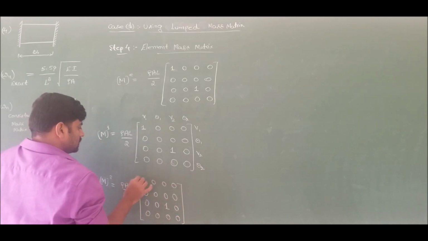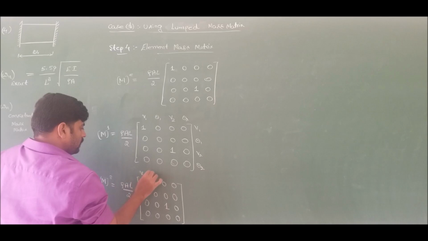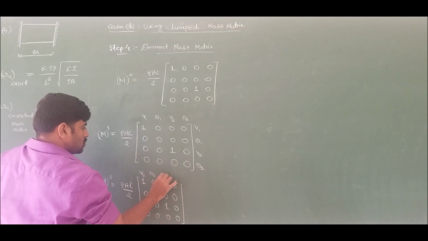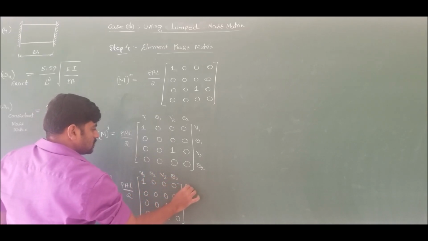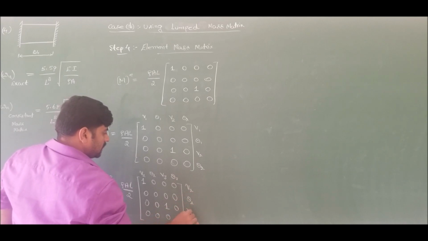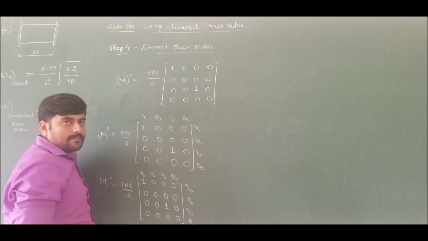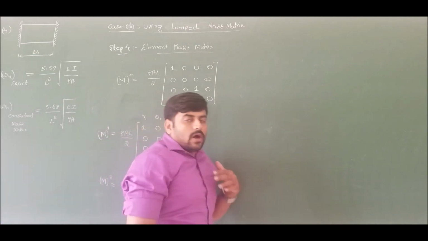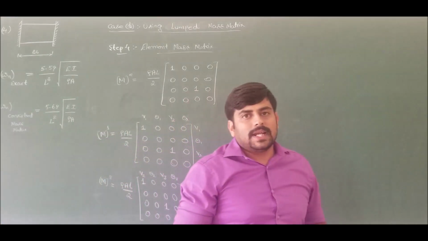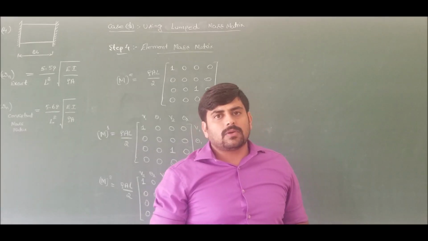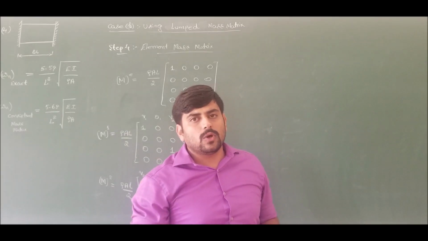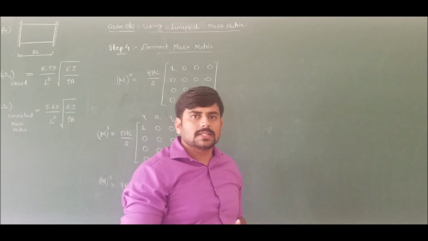The nodal variables are V2 theta 2 V3 theta 3. Now we already know the order of the global mass matrix is 2n cross 2n, where n is the number of nodes. Therefore the order of the global mass matrix will be 6 cross 6.